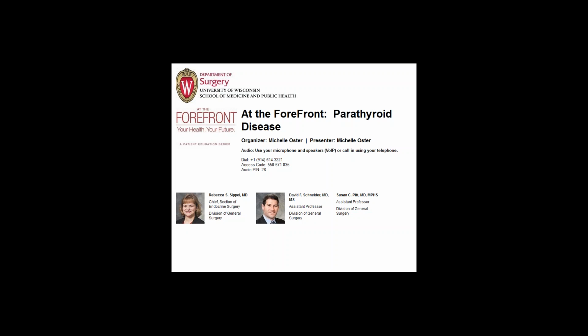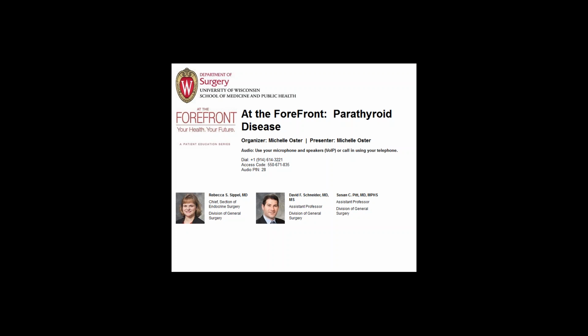There's a lot of different options for imaging. Here at UW, we just start with probably the most inexpensive and least invasive method, ultrasound. Ultrasound doesn't involve any radiation. We can do it right in the office. We often do utilize other means for imaging, things like sestamibi scans.